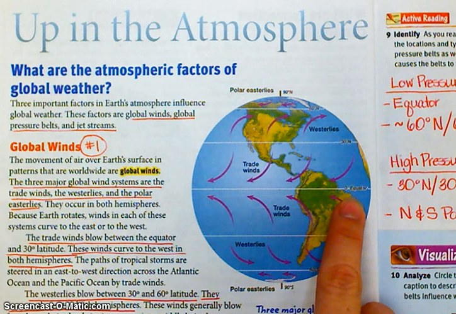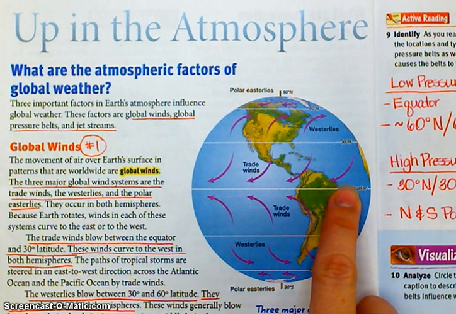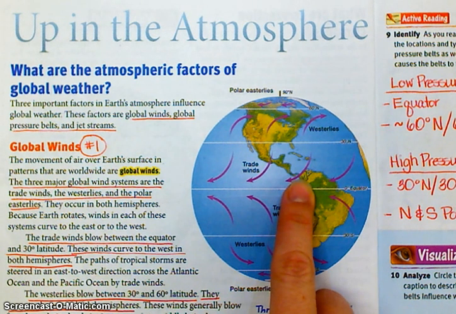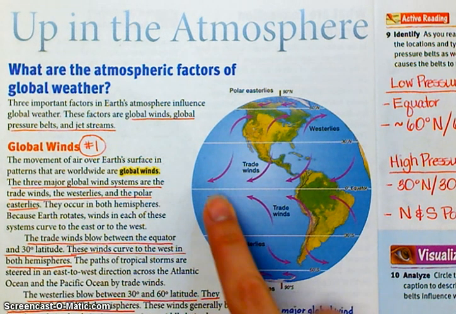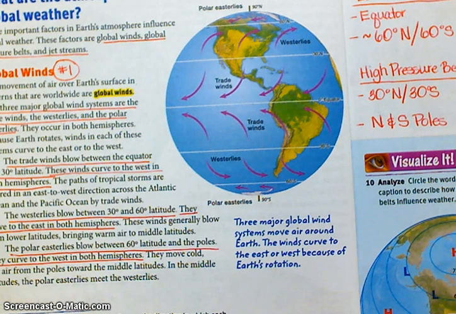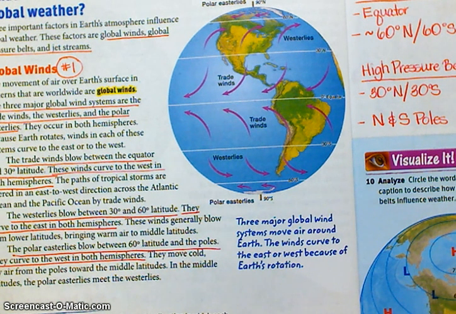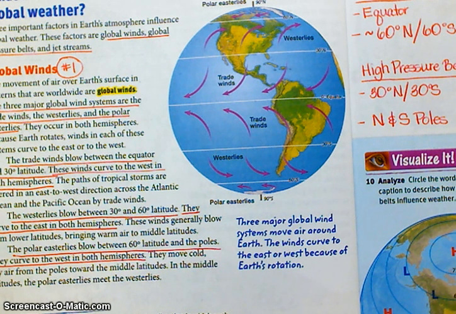If they're tropical systems, they're going to be influenced by the trade winds. That's why they're going to move towards the west. So knowing the trade winds, and how the westerlies and the polar easterlies operate, is going to help you determine where weather systems are going to move in general.